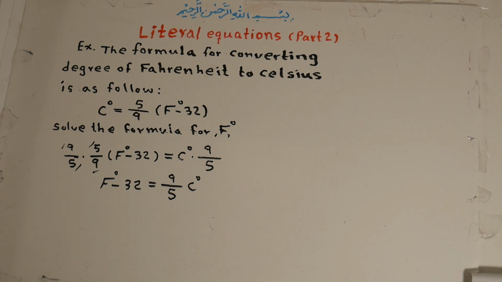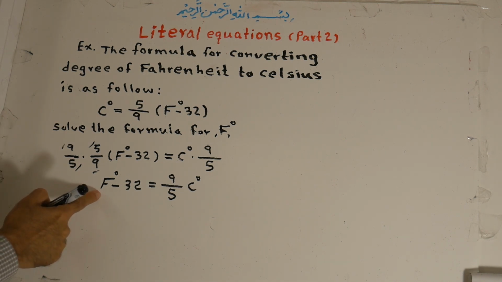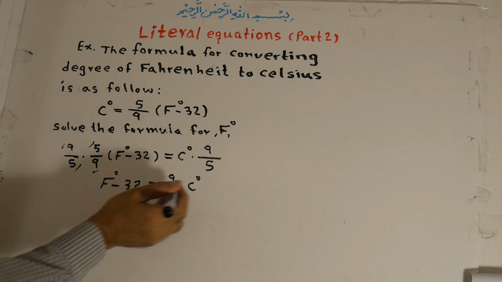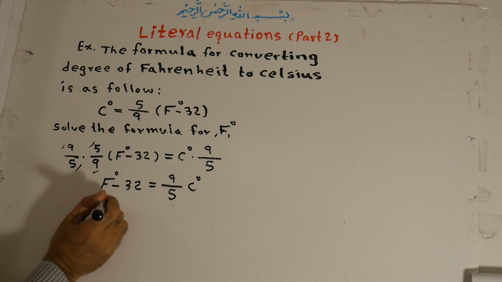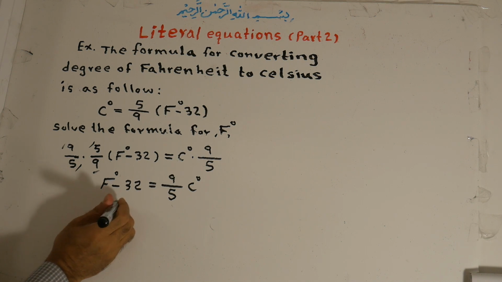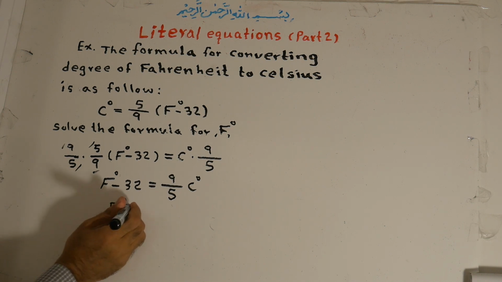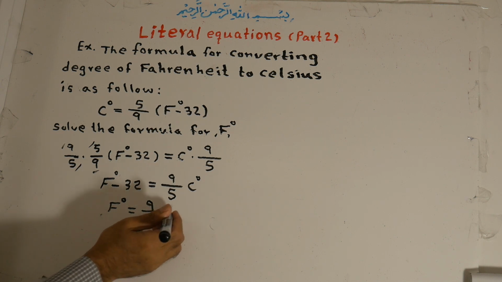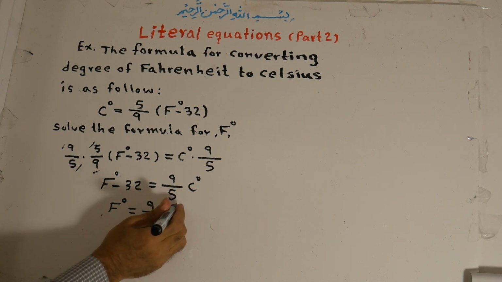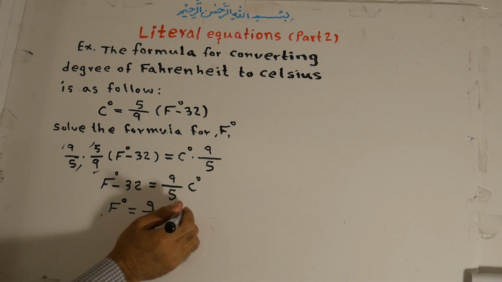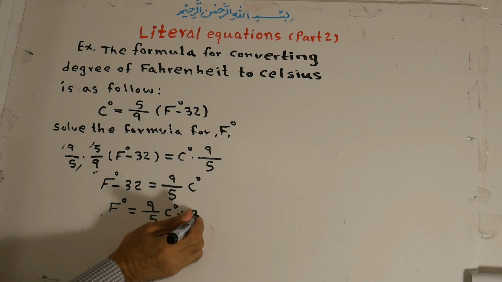Now, in order to leave only the degree of Fahrenheit here, we should bring the 32 to the right side. Degree of Fahrenheit is equal to 9/5 degree of centigrade. If you bring negative 32 to the right side, it changes to positive 32.